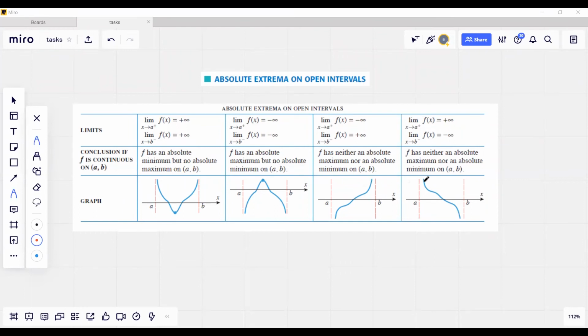All right, in these two cases, the sign of the limit when we are approaching the endpoints of that interval is different, meaning that our function in this case is decreasing without bounds at the left-hand point and increasing without bounds at the right-hand point. Both of these cases, and this case is similar, the function will have no absolute extrema.